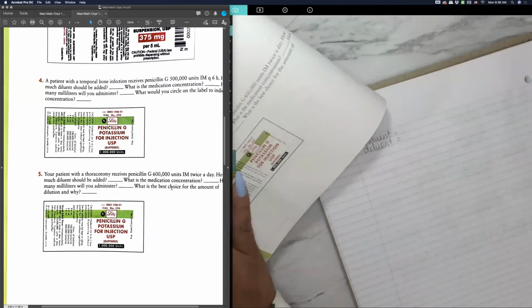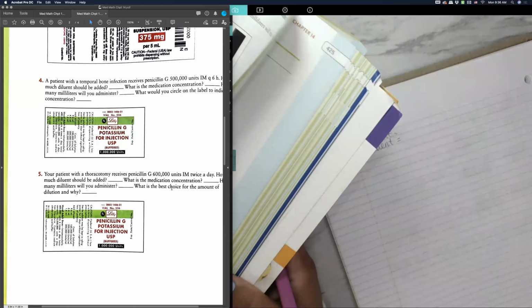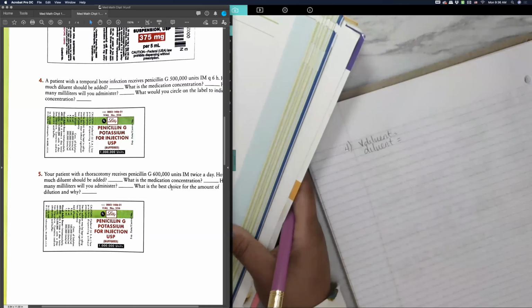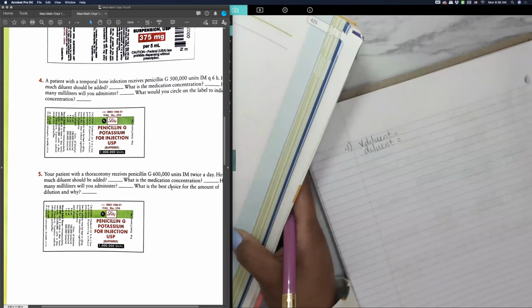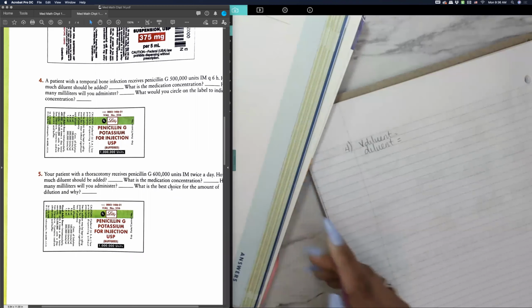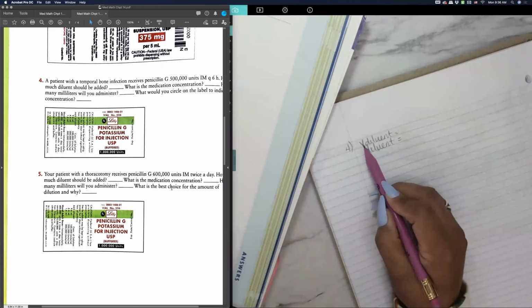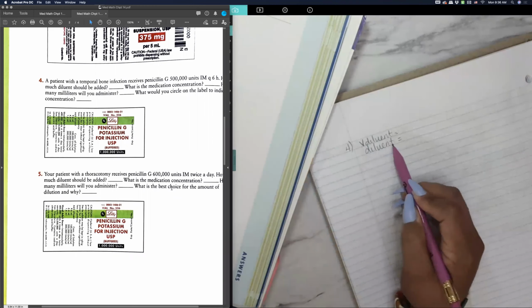Okay, so for this medication, does it give us the mixing instructions? Do I know exactly what my volume of diluent and my diluent is?